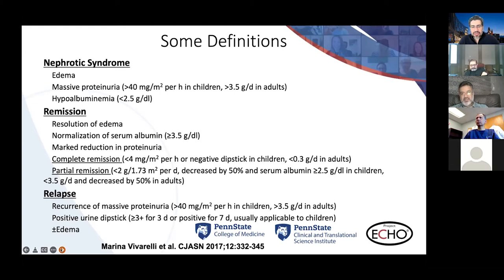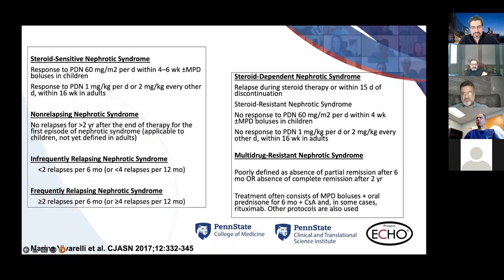Relapse is the recurrence of proteinuria and a positive urine dipstick again in kids, as you mentioned. So this was the table about steroid sensitive nephrotic syndrome and steroid dependent nephrotic syndrome, and there was a category about multi-drug resistant nephrotic syndrome.